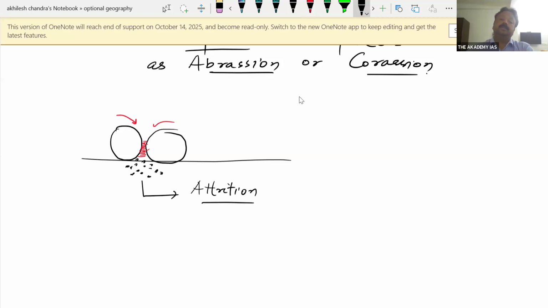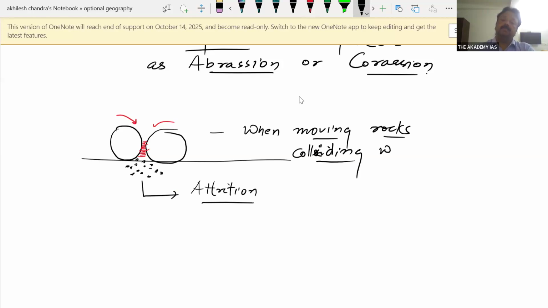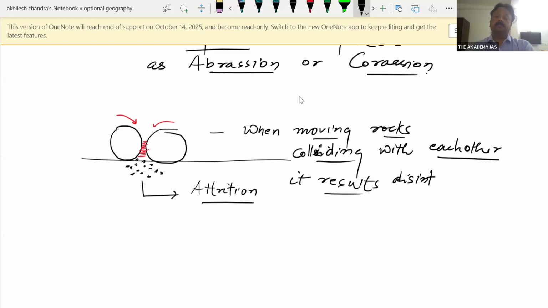Okay. So when moving rocks are colliding with each other, it results in disintegration of the rocks.